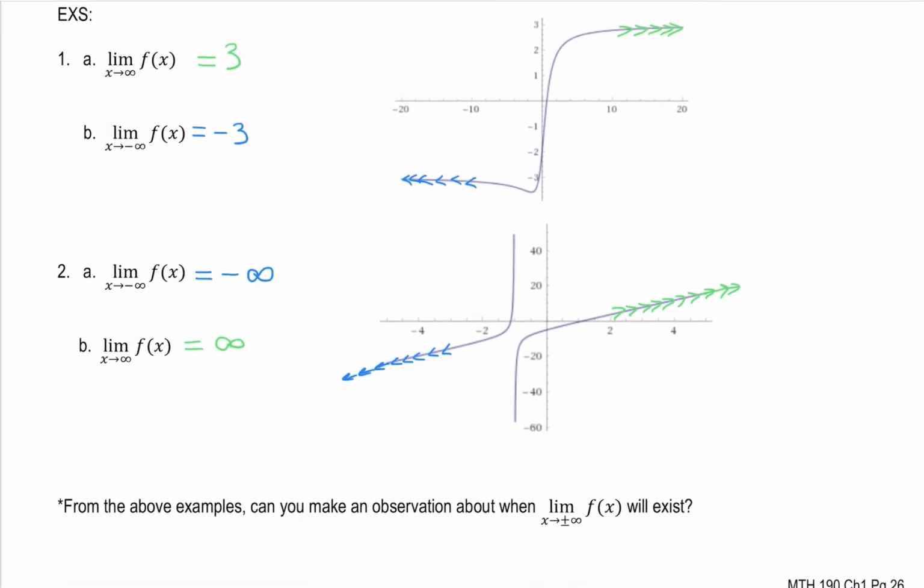So in order for this limit as x goes to either infinity or negative infinity, when will it exist? Well, it looks like that's going to exist when there's a horizontal asymptote. Well, that's useful because we might know some things about horizontal asymptotes.